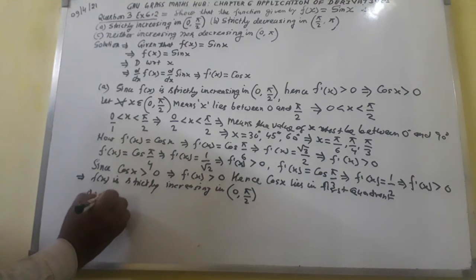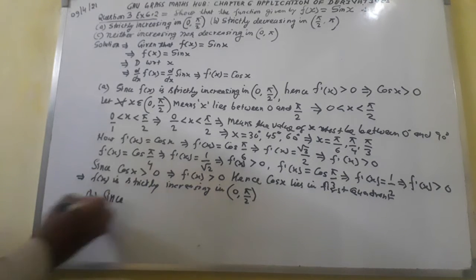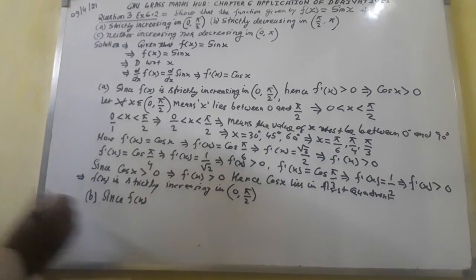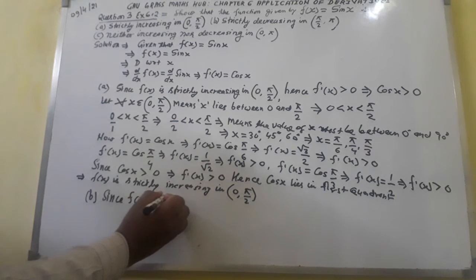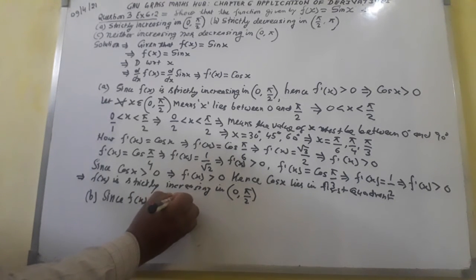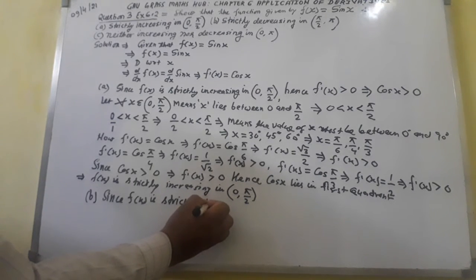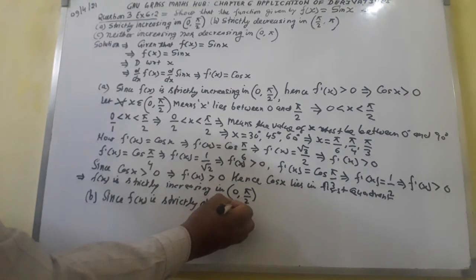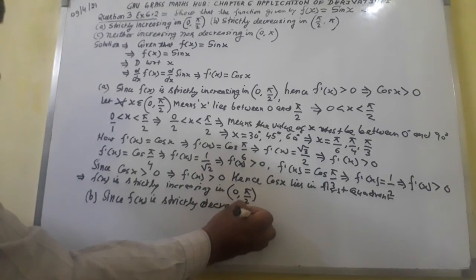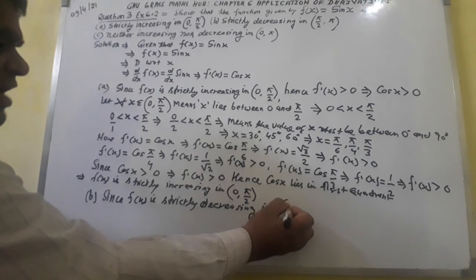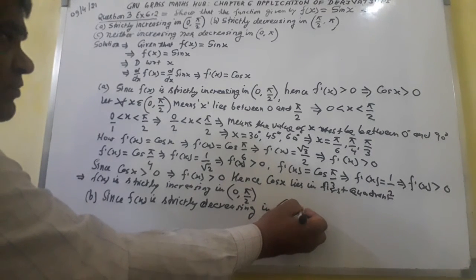Since f of x is strictly decreasing in open interval pi by 2 comma pi.